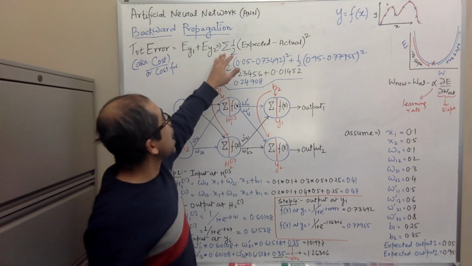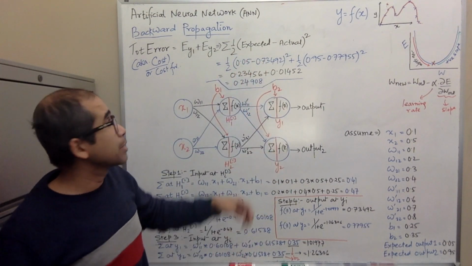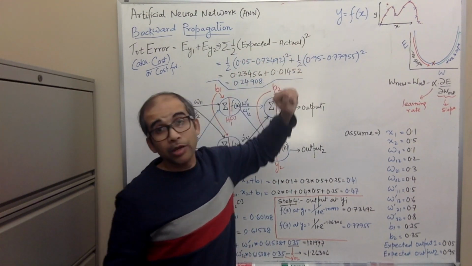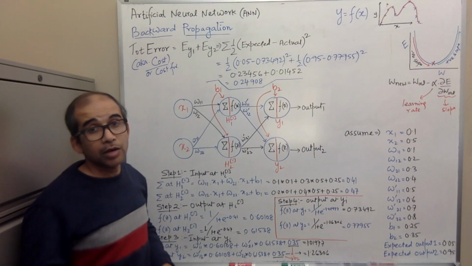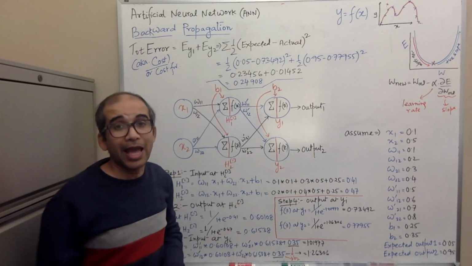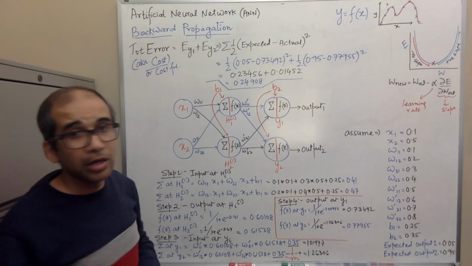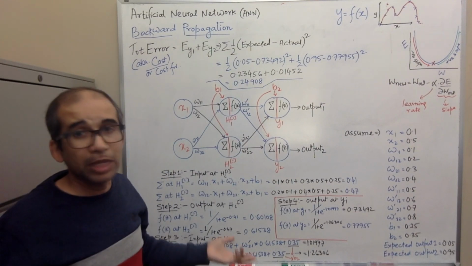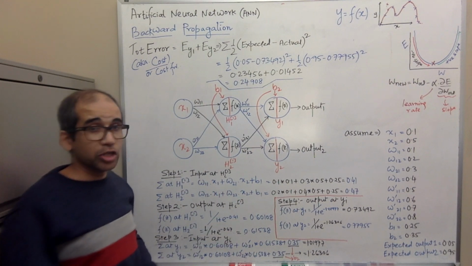This half is basically a constant brought in because when we partially differentiate this formula, the square will come out and the half will be cancelled. So that is the basic objective. Otherwise the half has no separate meaning, and it does not really affect the computation in any way.